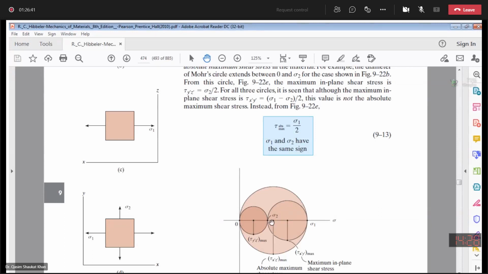Okay, now the next thing is we want to calculate the maximum in-plane shear stress. ठीक है जी?